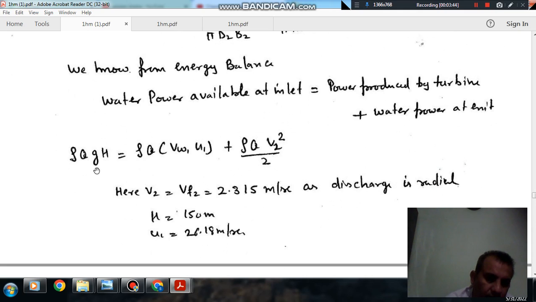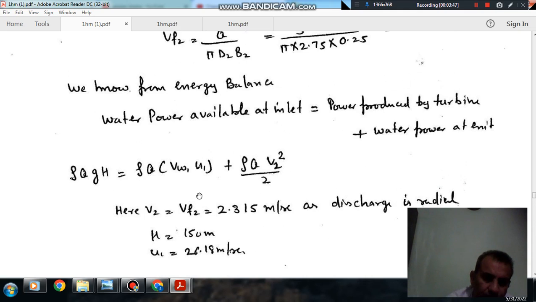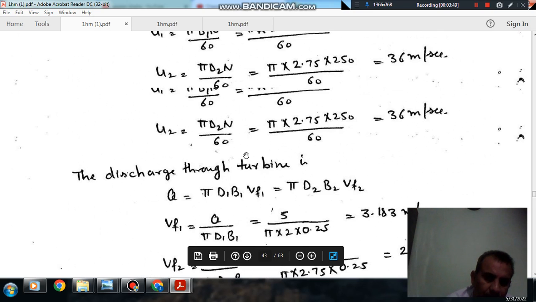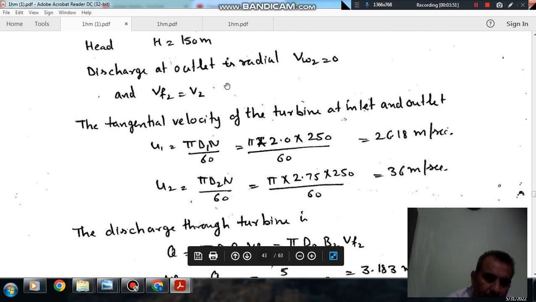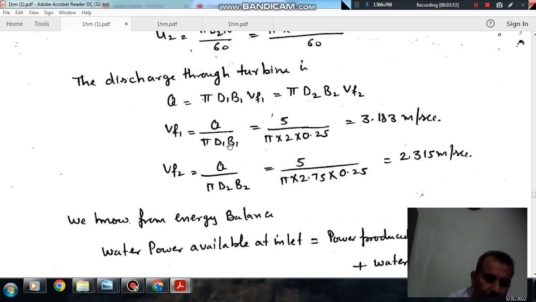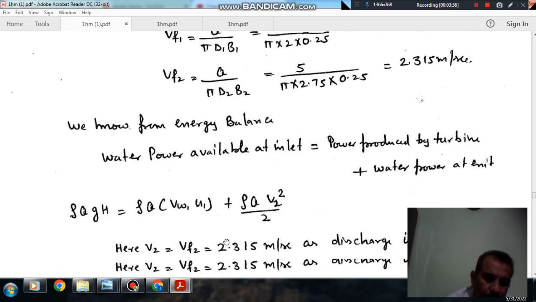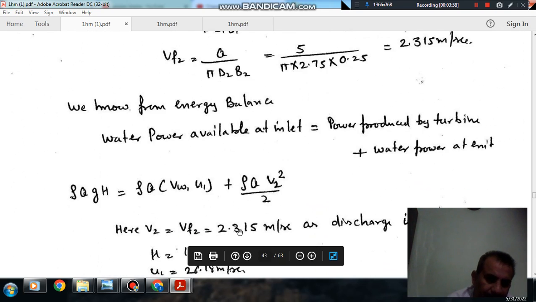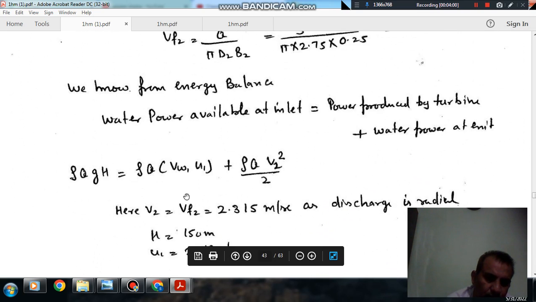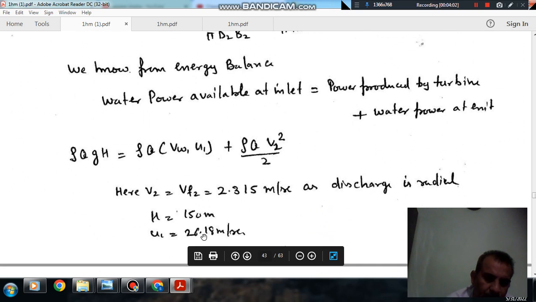Now we have V2. V2 is your Vf2, because at exit there is only the radial exit. So V2 is 2.315 meter per second, H is 150 meter, and U1 is 26.18 meter per second.